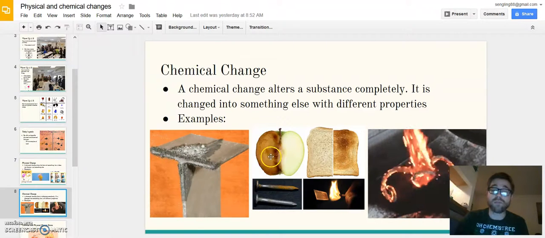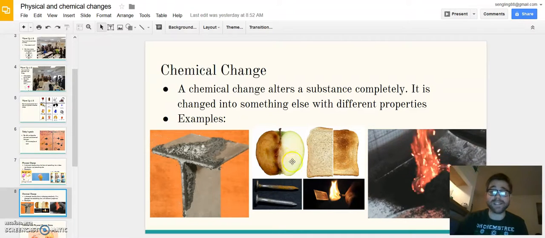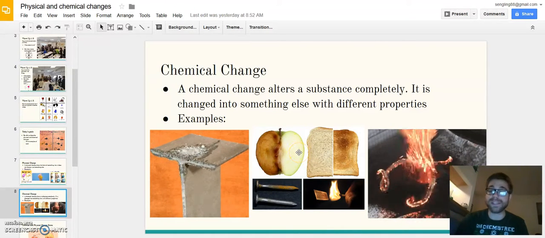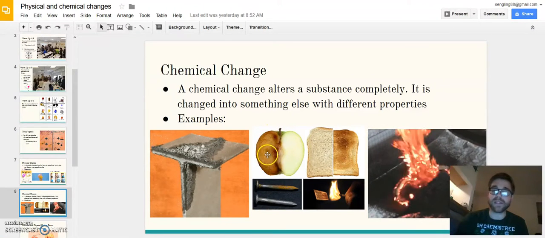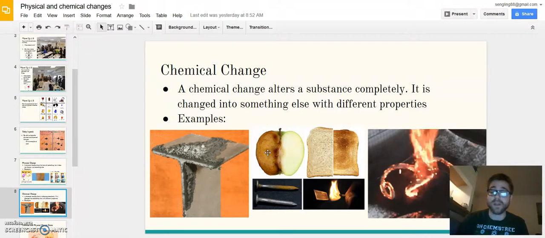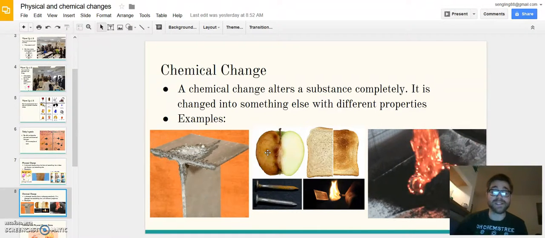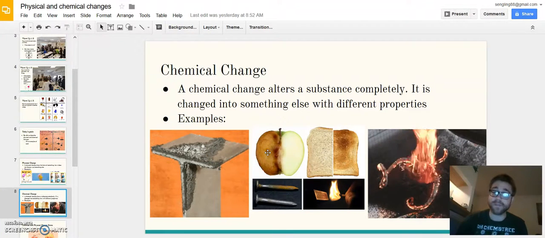When it comes to bad fruit or rotten fruit or old fruit, you can taste the difference. One side tastes fresh, and when it gets old, it chemically changes into something else. This brown side doesn't taste as good anymore. A good example is old milk. Old milk does not taste good anymore, and it's because it's gone through a chemical change.